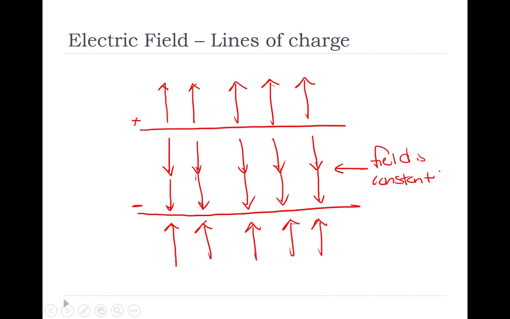Meaning the magnitude is constant and the direction is constant. Which means if I were to toss a little charge in there, the force on it would be constant, which means its acceleration would be constant. And as soon as its acceleration is constant, I can use the kinematics equations that we learned in the first part of the first semester to determine what the motion of that charge is going to be between those two plates. And that's pretty darn cool.